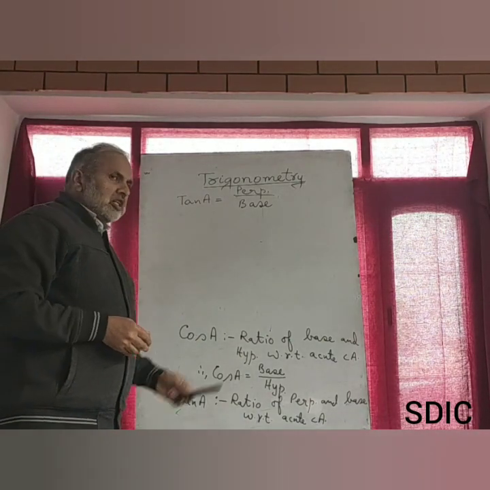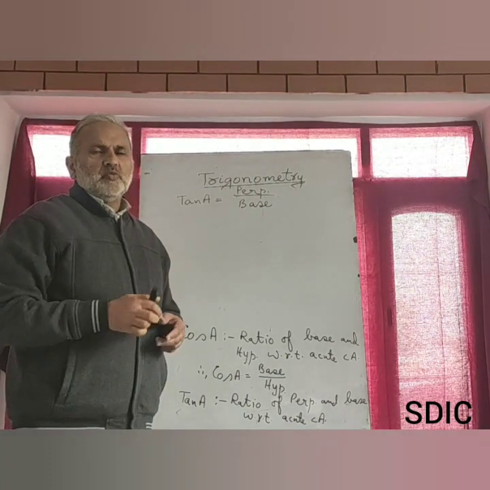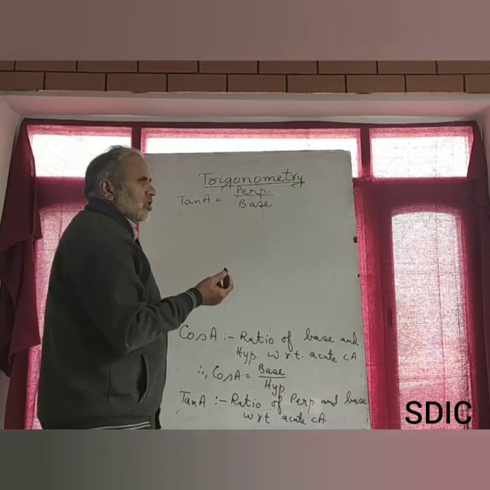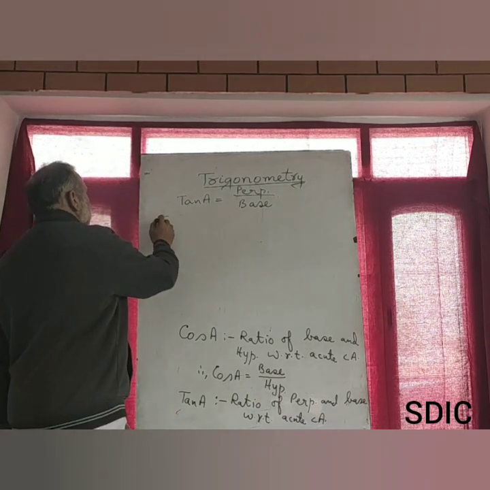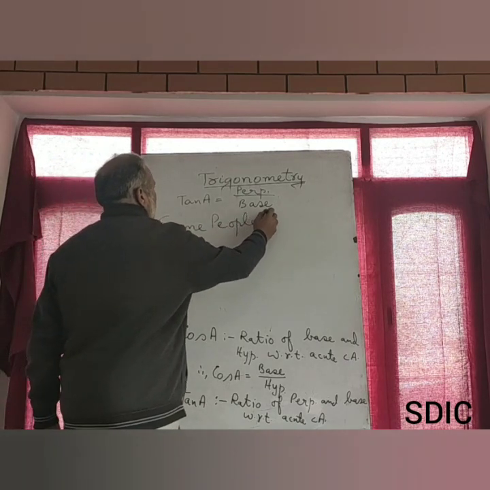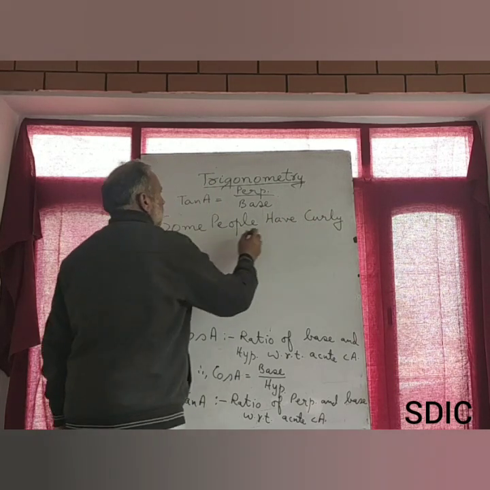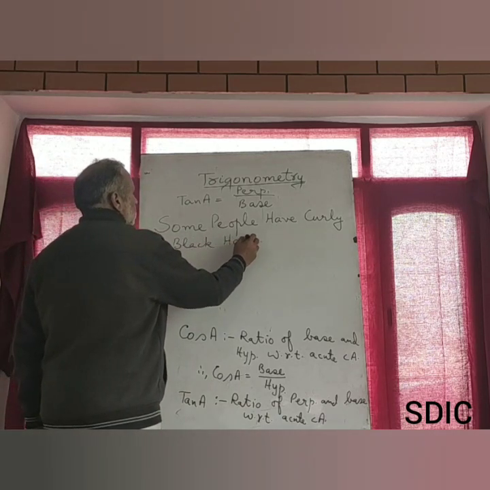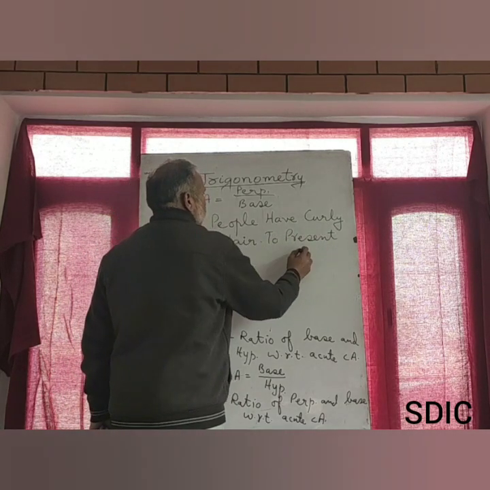To remember these three definitions of sine, cos and tan with respect to some acute angle, we use a statement. You will have to remember this, note it down. Some people have curly black hair to present beauty.